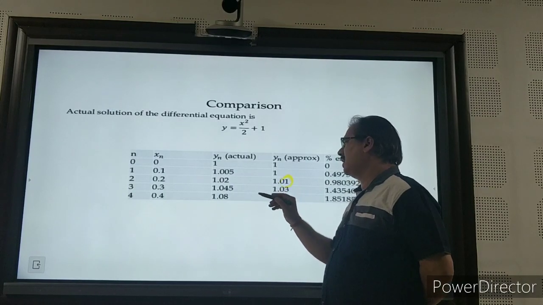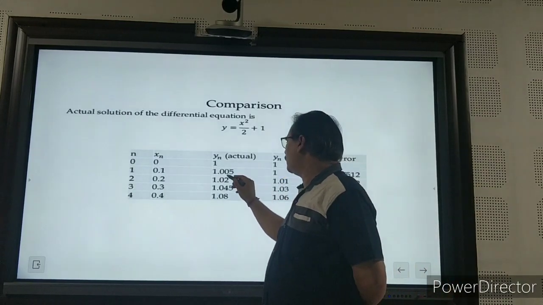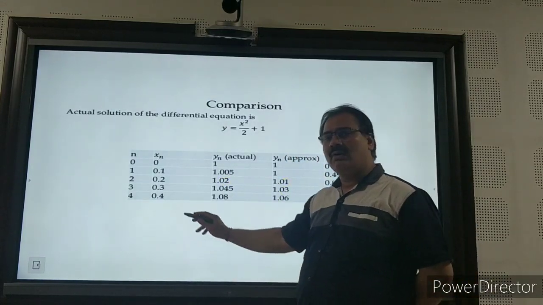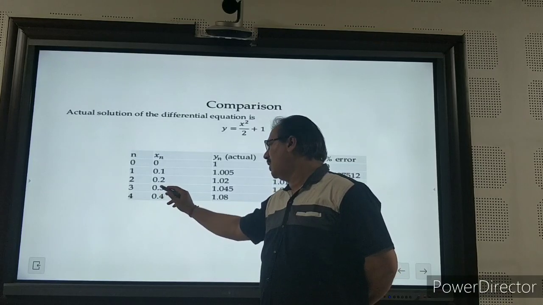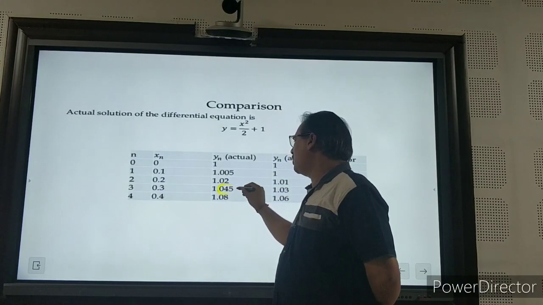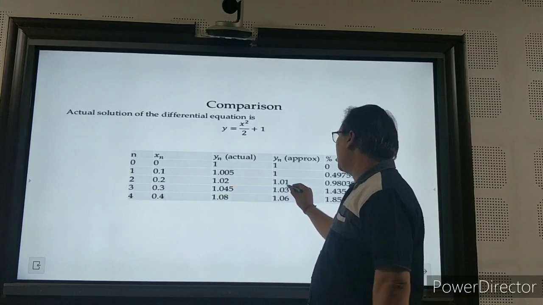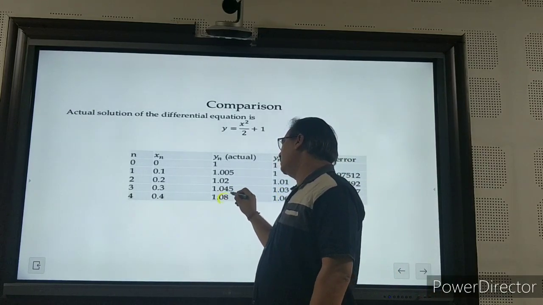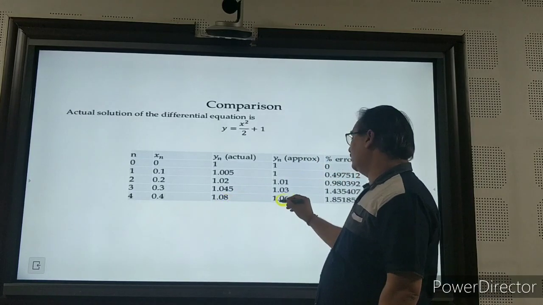Just look, your step here is 0.1, but here 0.2. If 0.3, then here 0.45. Okay, 0.4, then 0.08, but here 0.06.